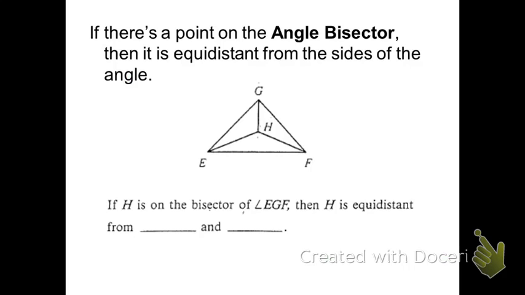So, if there's a point on the angle bisector, then it's equidistant from the sides of the angle. And that makes a lot of sense because if we look at GH as a bisector of angle EGF, this bisector is cutting the angle in half, so it's going right through the middle of the angle.